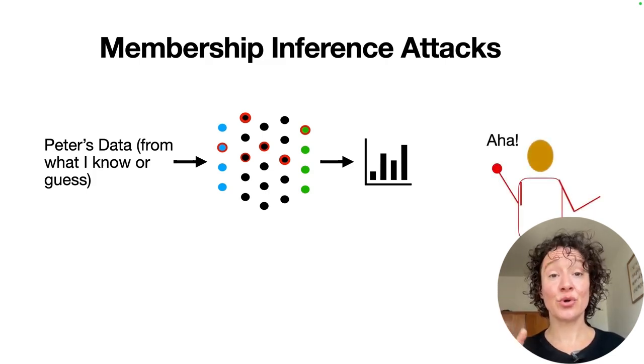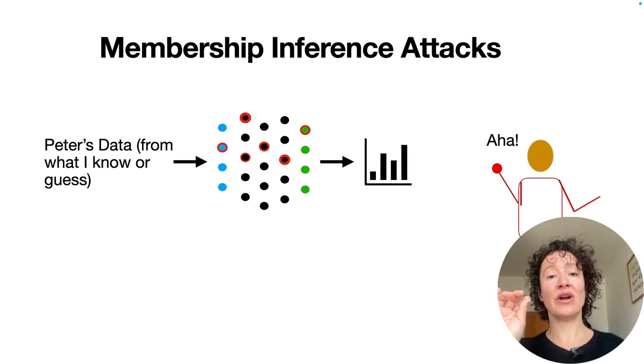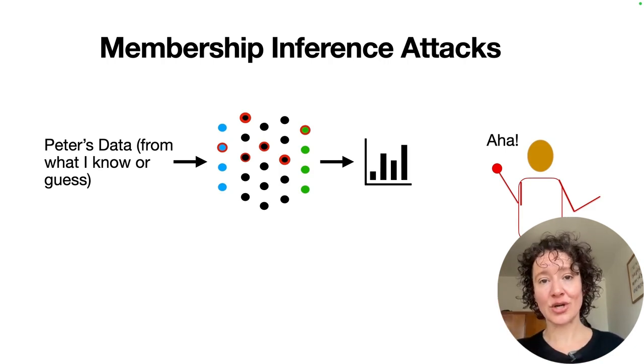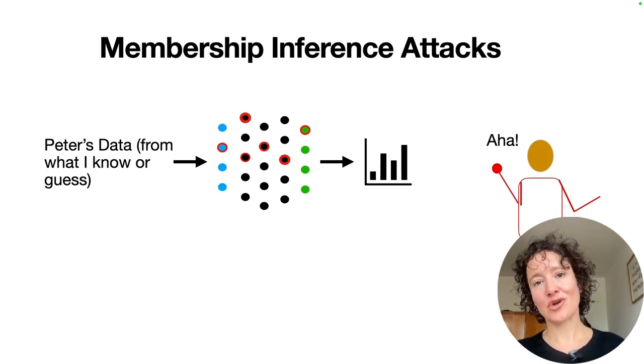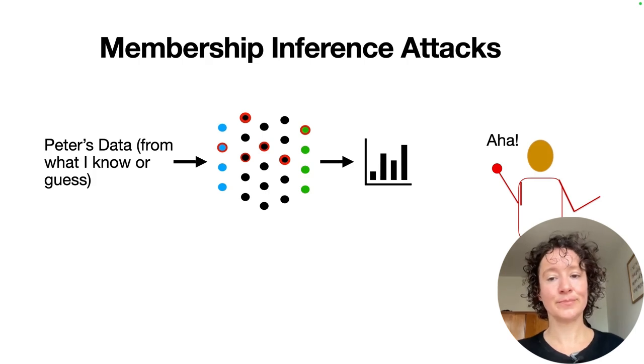And what if I told you I could use that to infer, to figure out if Peter's data was in the training data or not? And because I can do this, if the model is specific, let's say about disease patterns for STDs, then I know that Peter at some point in time had an STD, for example.